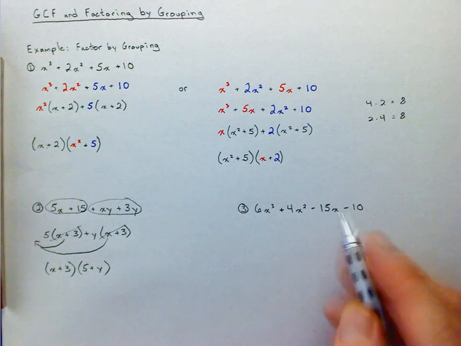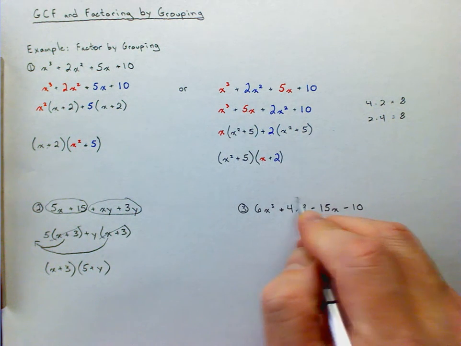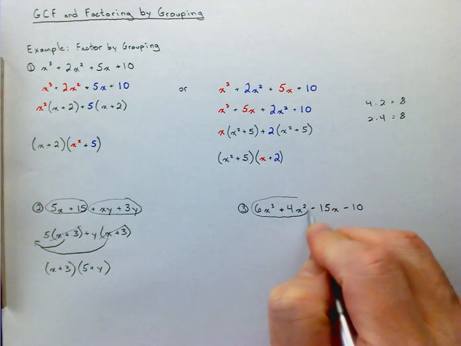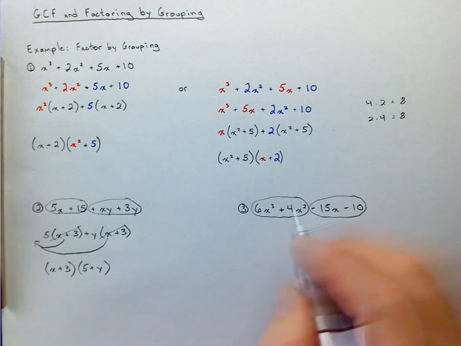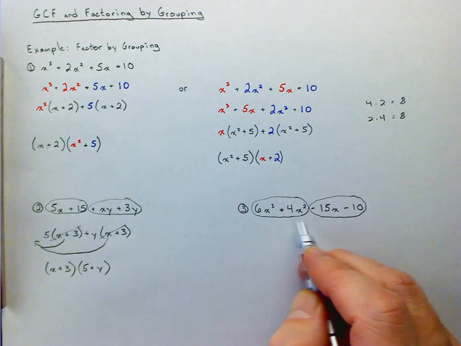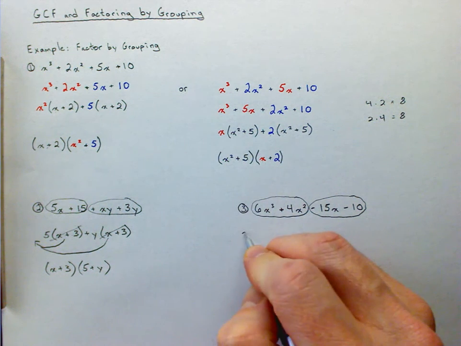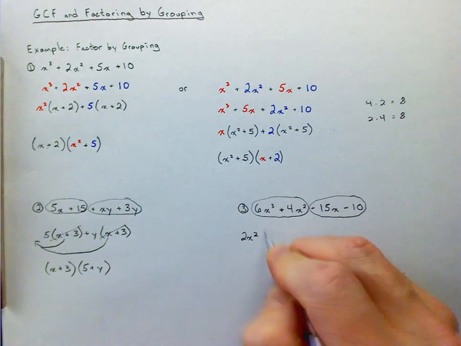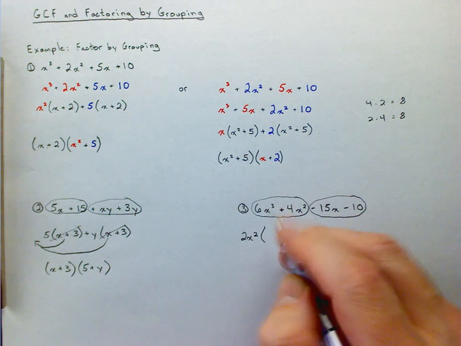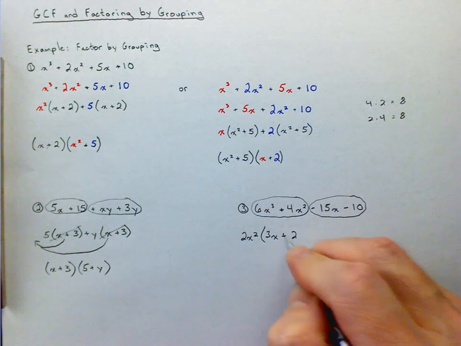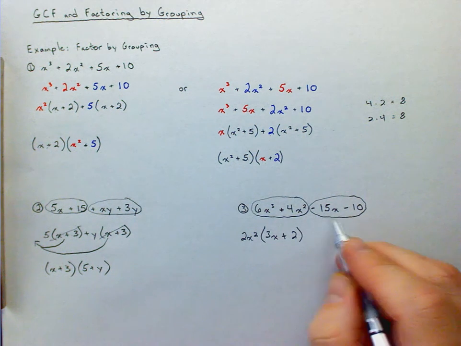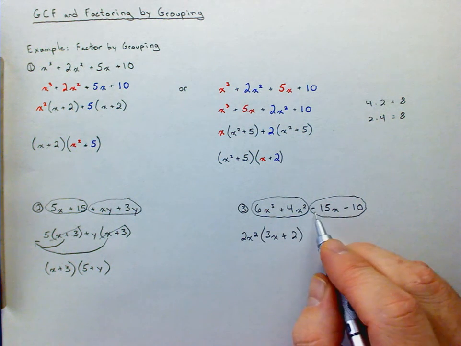For this one, I'll leave them the same. I'll just factor them as they are. I can factor out a 2x squared. So if I pull out a 2x squared, that'll leave me with 3x plus 2. And here I'm going to factor out a negative 5.